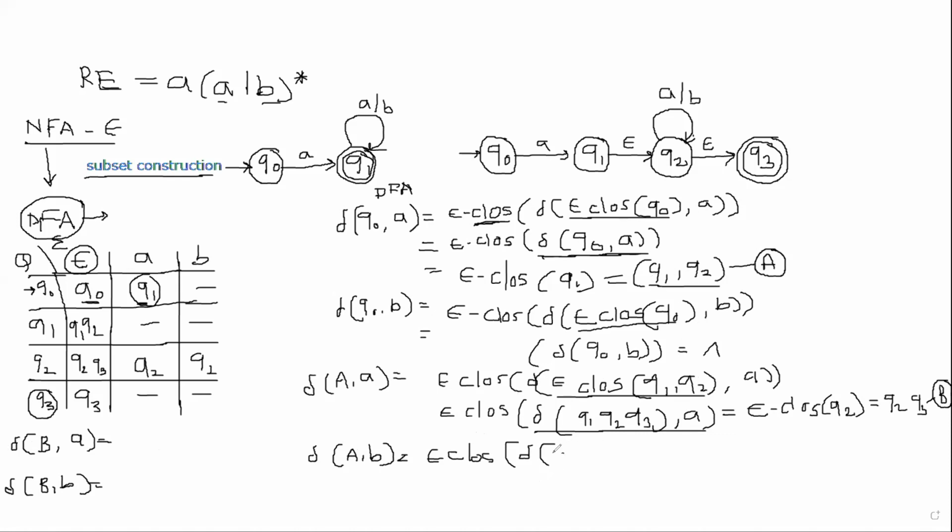So it is the epsilon closure of Q1 Q2 with B.